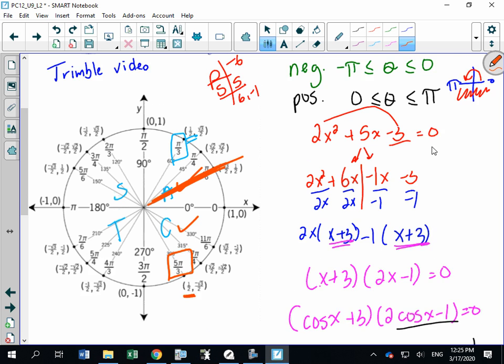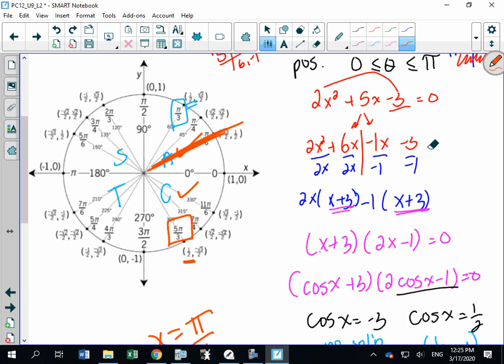We know this guy's a solution here. Sorry, I drew this one wrong. When x is equal to 1/2, that's this guy here. Okay, so my first solution in the positive domain is x equal to pi over 3.